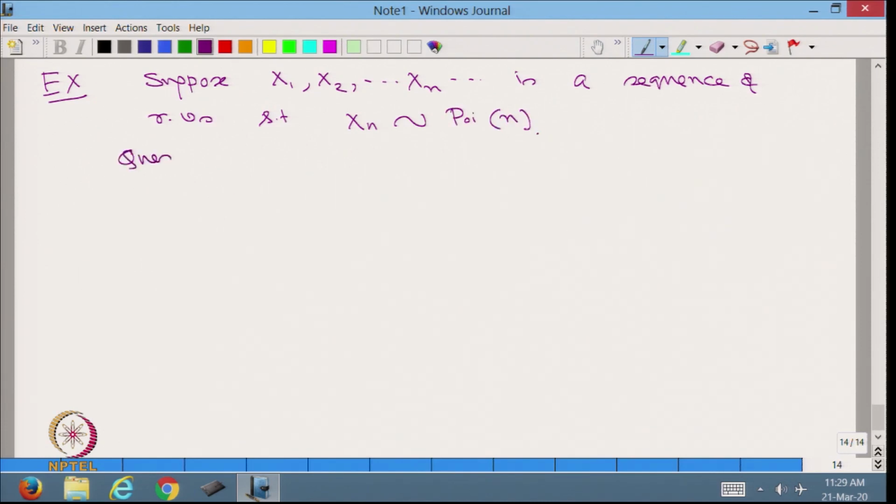Question is, does xn converge to some known distribution?